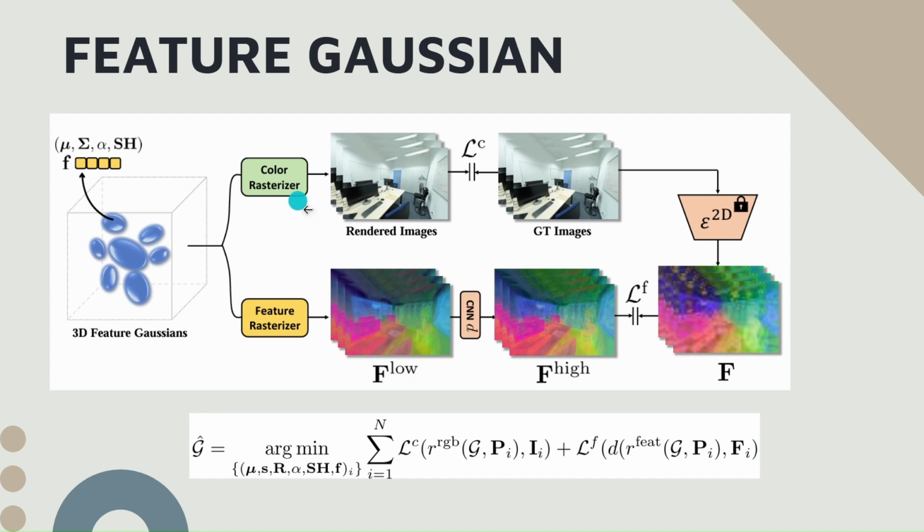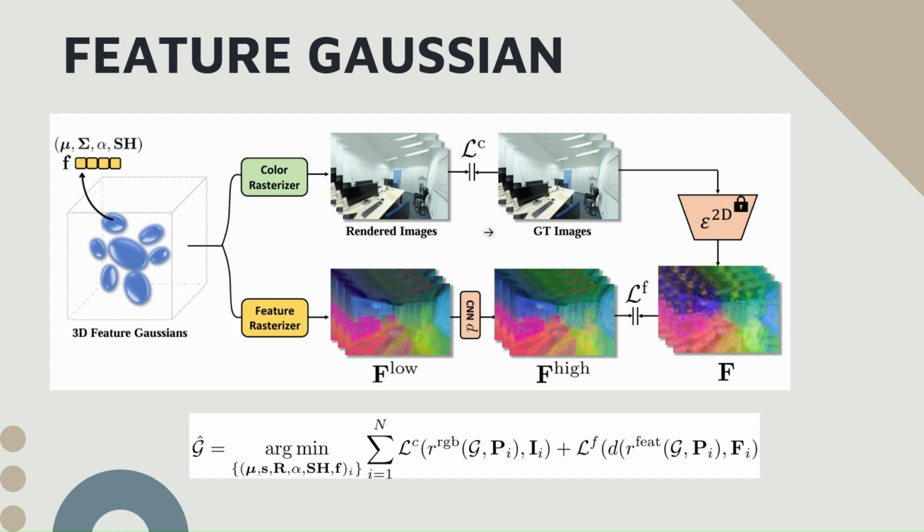The objective is to match these rendered RGB images to the ground truth photographs. The loss L_C is a photometric penalty, commonly L1 or robust L2, between the rendered pixel RGB and the real image I_i. This ensures our Gaussians reproduce accurate lighting, shading, and appearance.